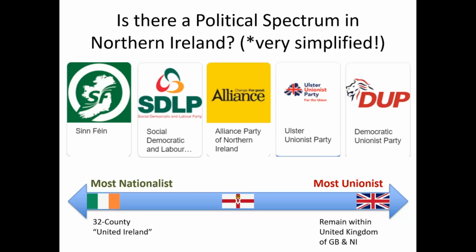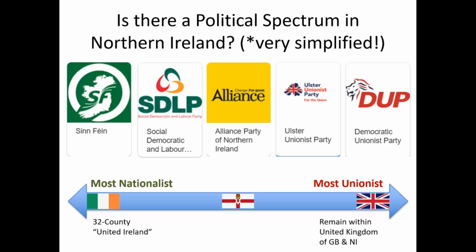For example, they would be very strongly against liberal ideas like gay marriage and bodily autonomy, so they oppose abortion. And on the far end, we have Sinn Féin, which is the strongest Republican party, the strongest nationalist party in terms of its desire to have a united Ireland.